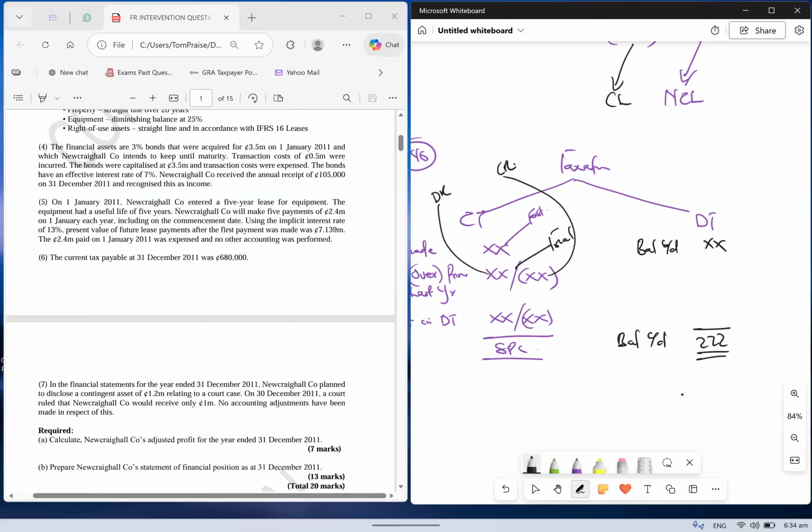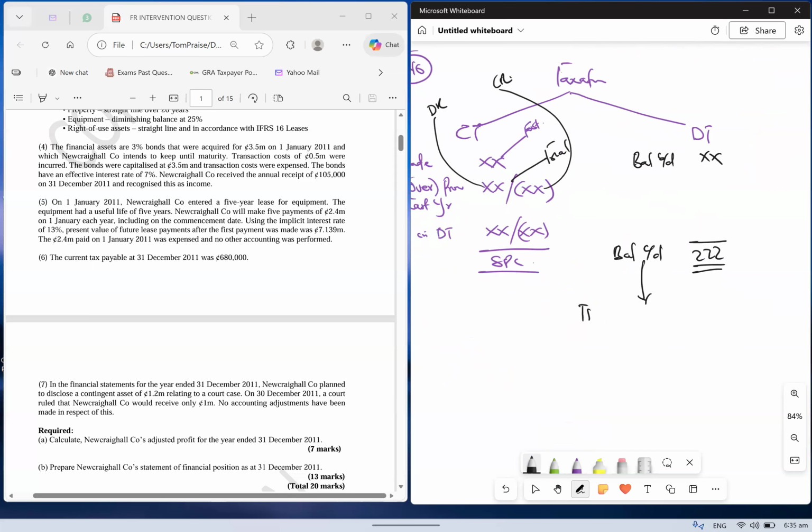How do you calculate your balance carried down? It is the tax rate multiplied by the temporary difference. And if there is any revaluation surplus, you add. So let me do it like this. Revaluation surplus.